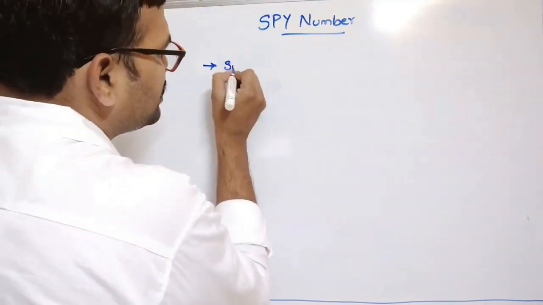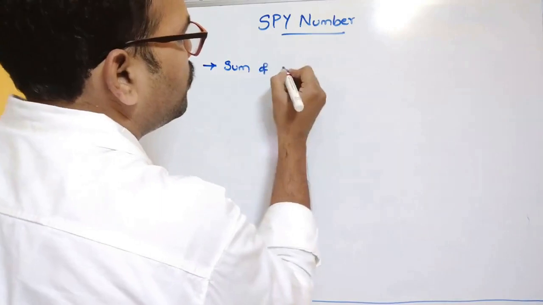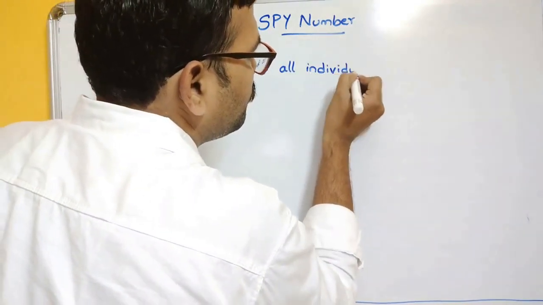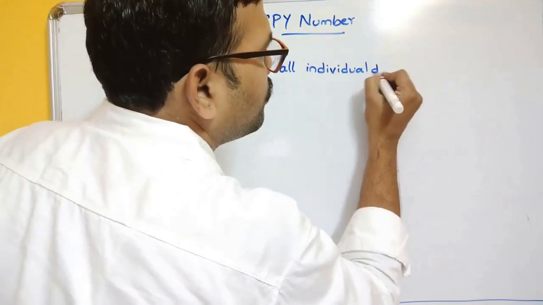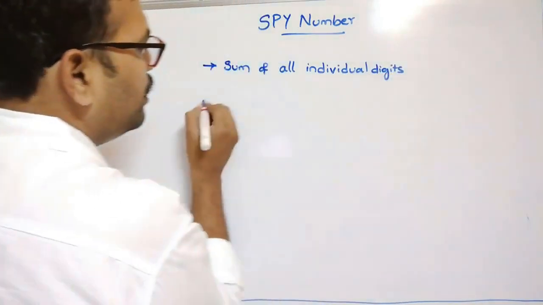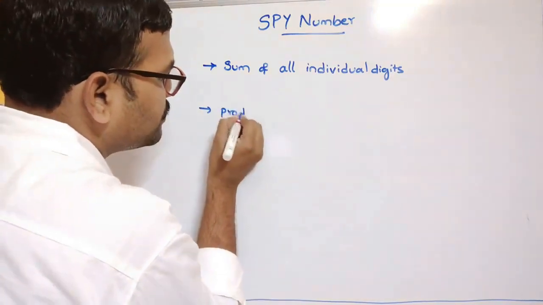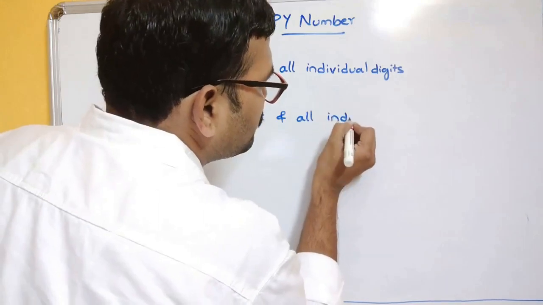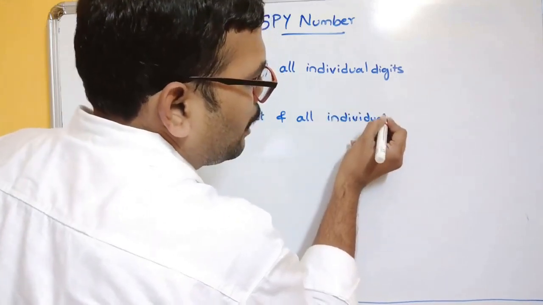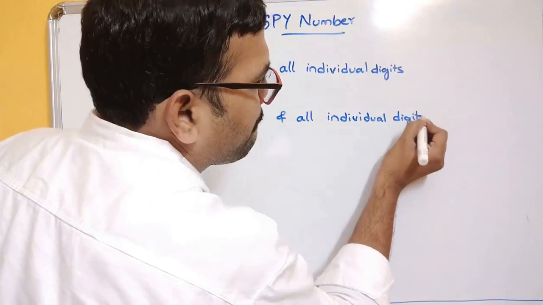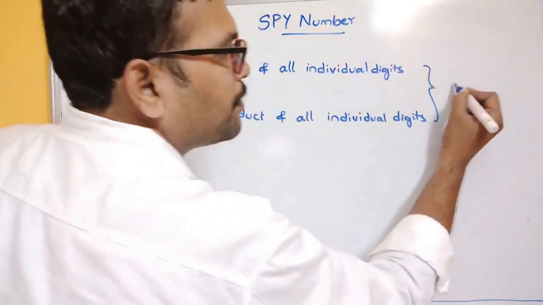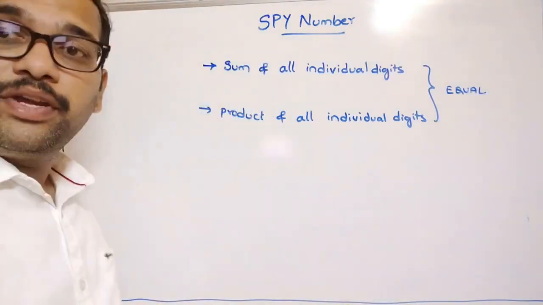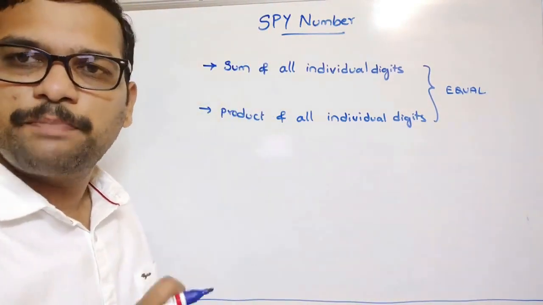If the sum of all individual digits and the product of all individual digits are equal, then we can say this number is a spine number.